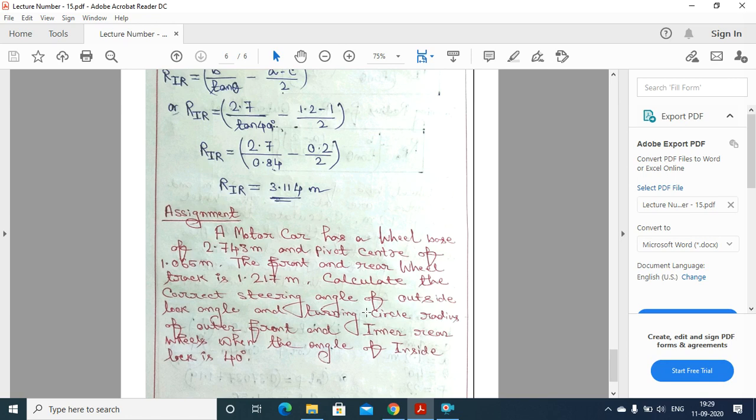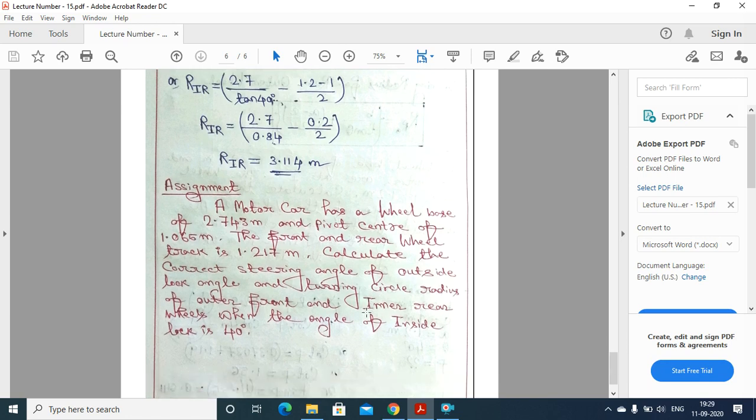For the hint section, I am just telling you what data has been given. The wheelbase, small b, is given as 2.743.